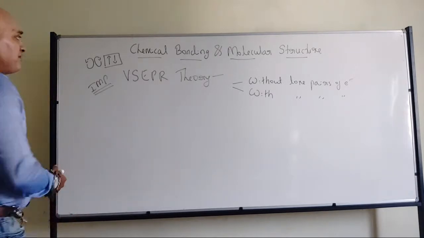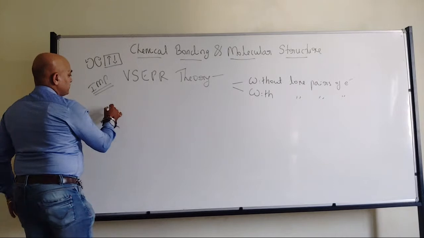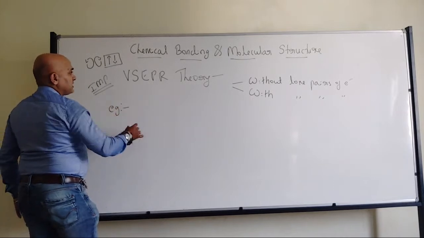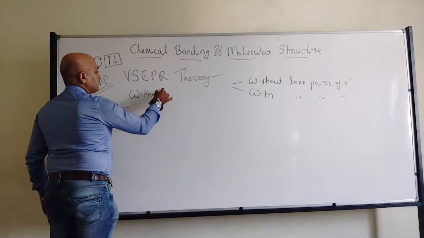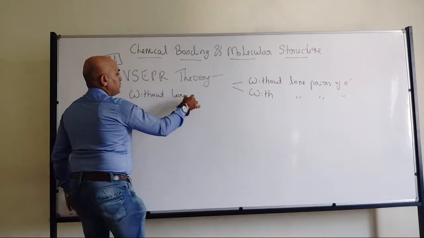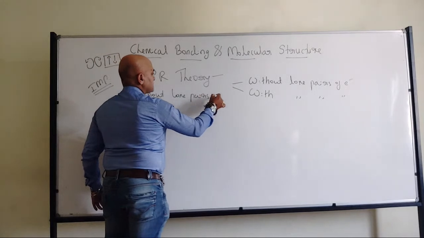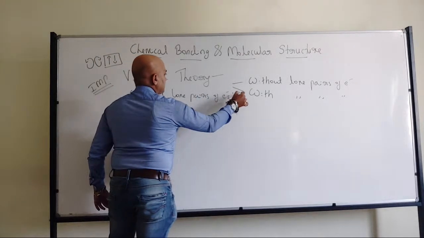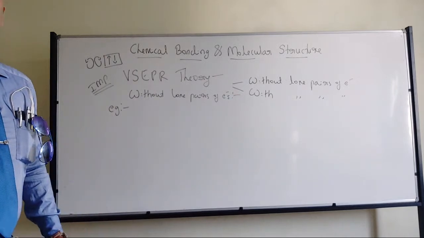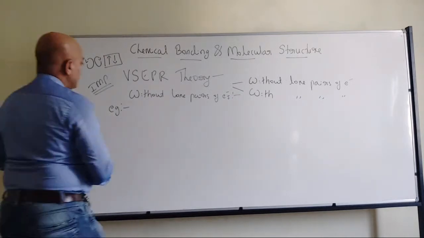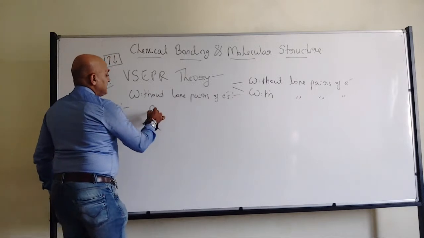Okay. So I will take the example from your textbook only. See, for example, the first category, without any lone pairs of electrons.